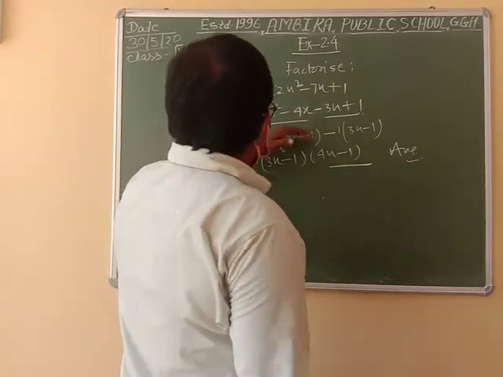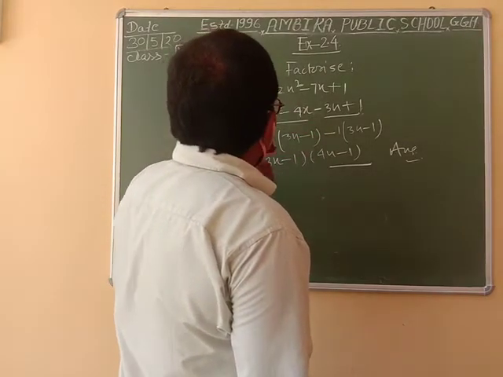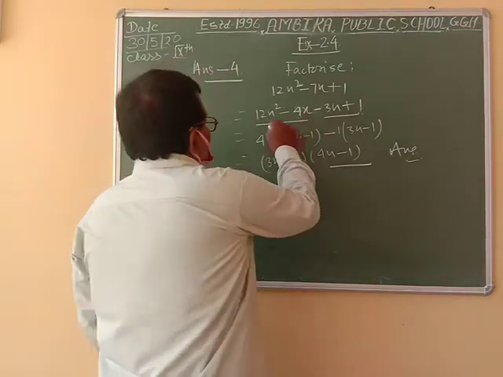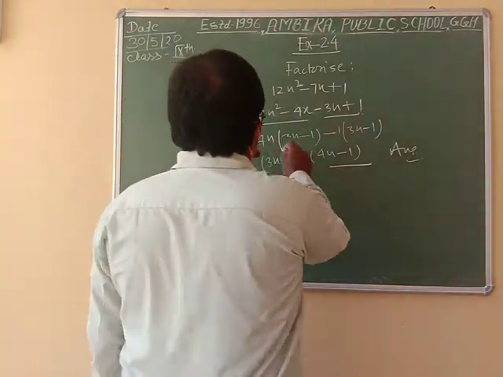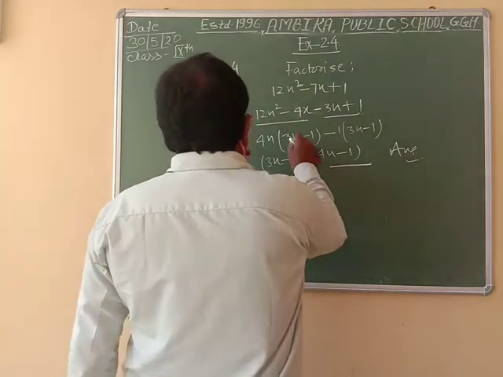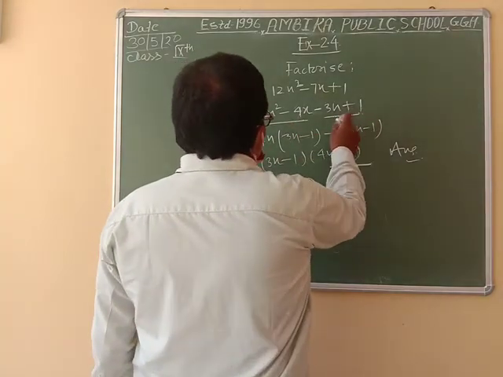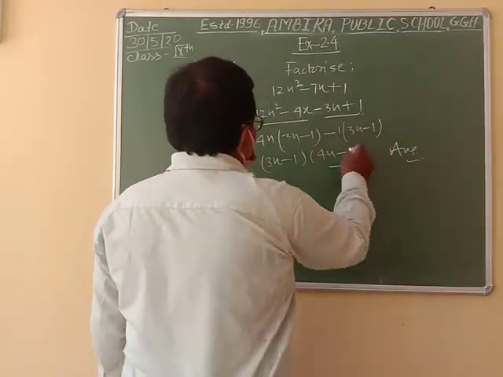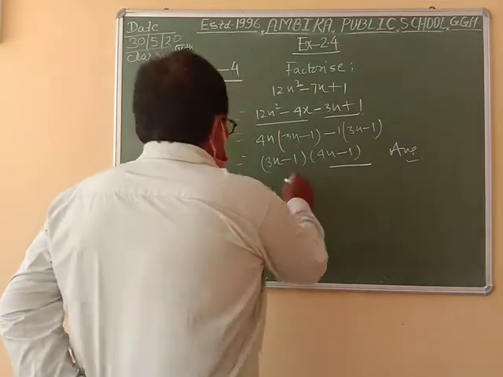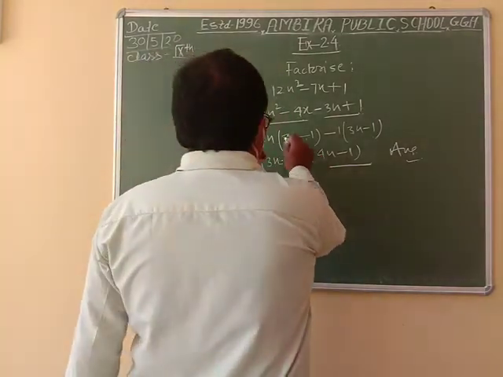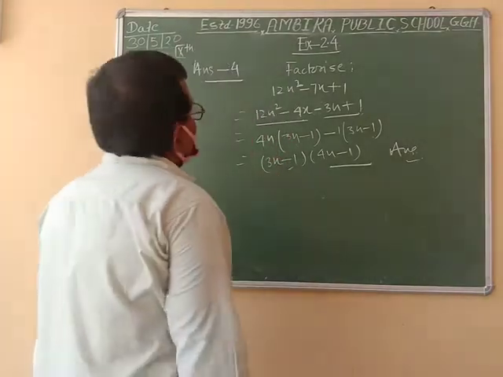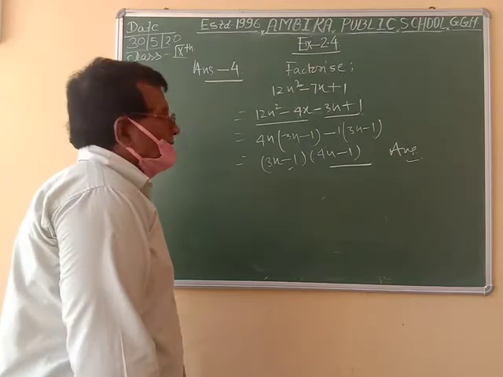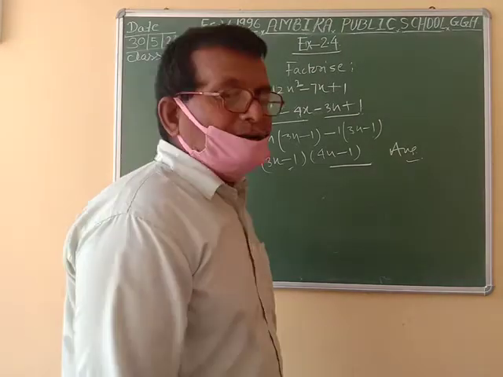So the appropriate factors of 12x squared minus 7x plus 1 are minus 4x minus 3x, and taking common 4x, we get 3x minus 1, and taking common minus 1, we get 3x minus 1. So 3x minus 1 is a common factor, and the rest is 4x minus 1. So factorization of 12x square minus 7x plus 1 is equal to 3x minus 1 into 4x minus 1.